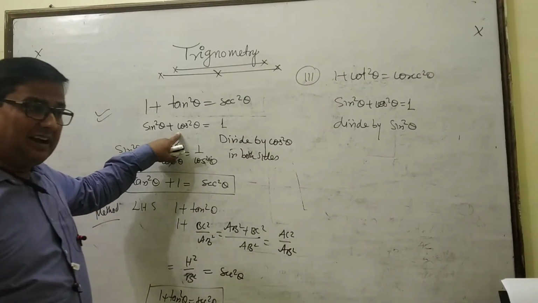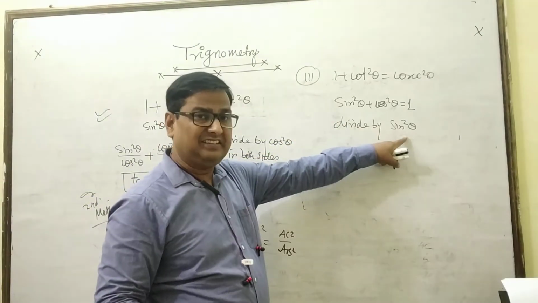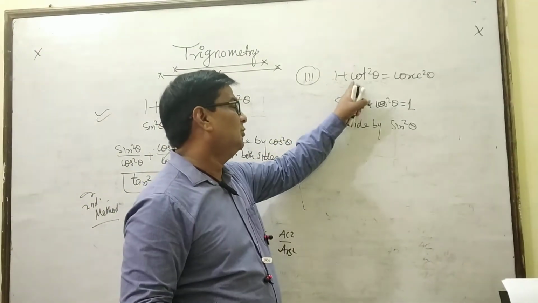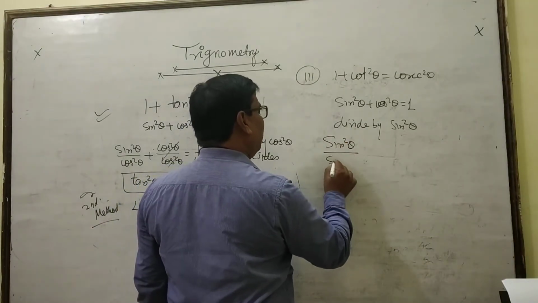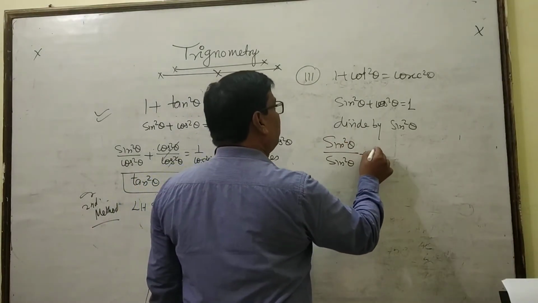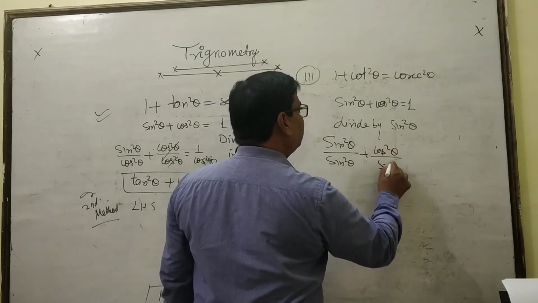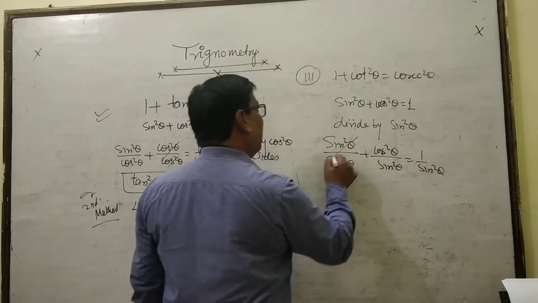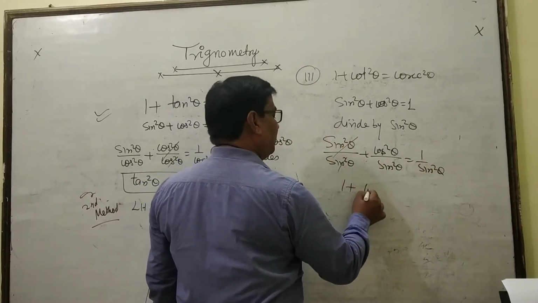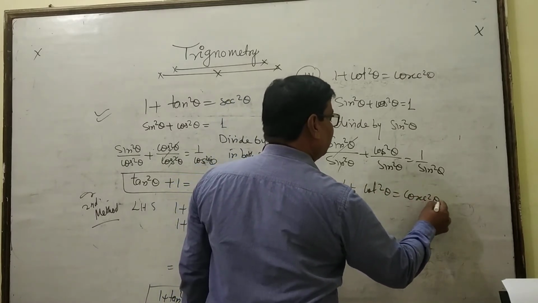When you divide by cos square theta, you get the second one, and when you divide by sine square theta in the first, you get the third one. So sine square theta upon sine square theta plus cos square theta upon sine square theta is equal to 1 upon sine square theta. So 1 plus cot square theta is equal to cosec square theta.